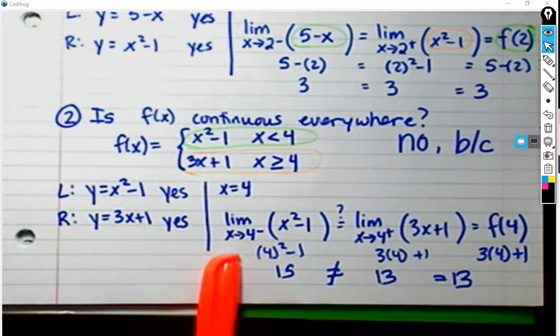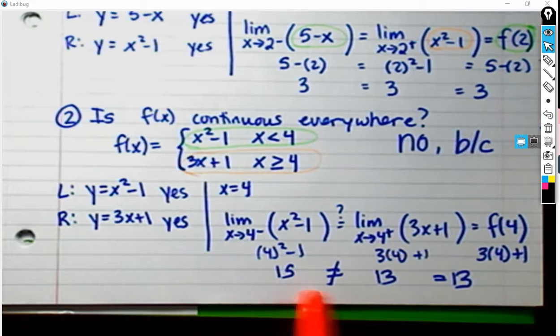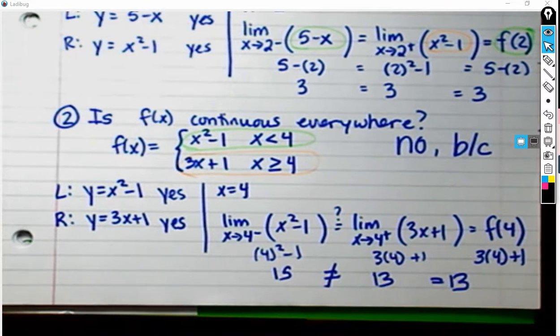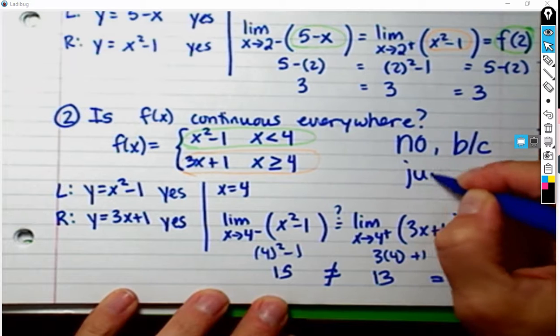Look at our limit statements. The left is 15 and the right is 13. Hold on. Lifeline, look at anybody around you. I think Colin might have an answer. It's jump. Because of a jump.